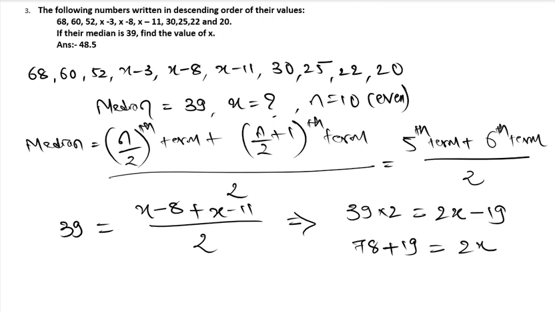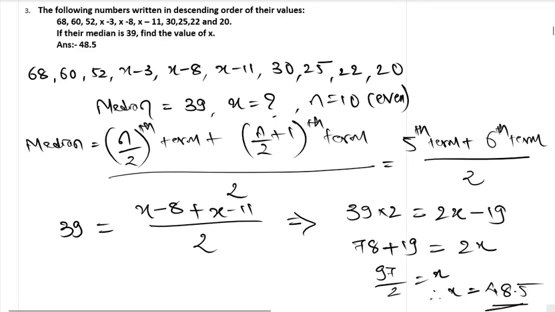So this will be 97 by 2 is equal to x, and therefore x is 48.5. So this is the value of x. Right? Very easy. If you have the concept of median clear, you can solve this.